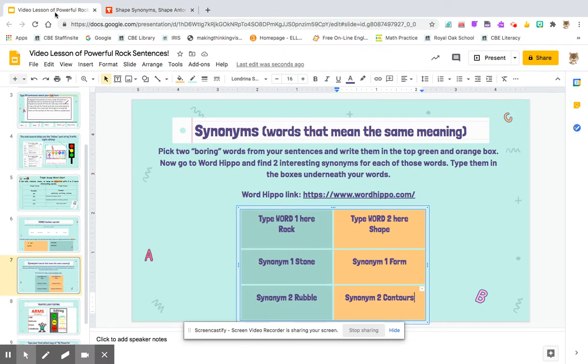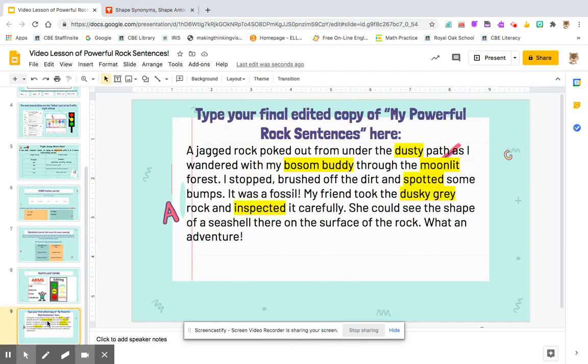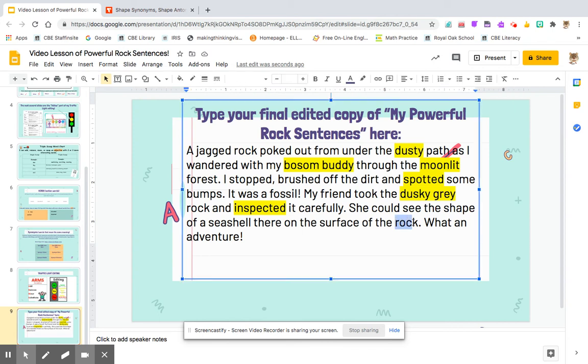Now I'm going to go into my piece of writing and I'm going to replace one of my rocks with rubble or with stone and my shape with contours. So here I go in and we've got rock. I'm going to replace that with stone and highlight it in yellow because I've added this in.